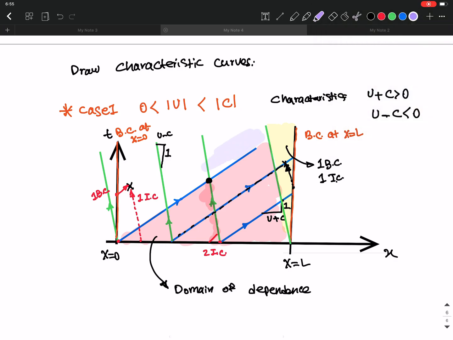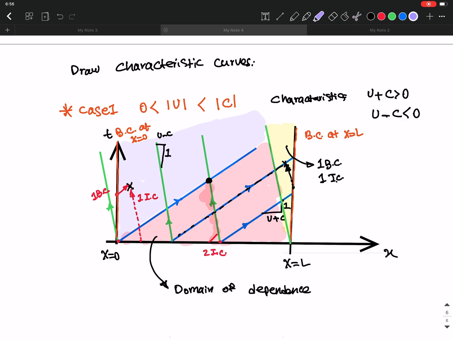Here you need one boundary condition, the left boundary condition, and one initial condition.